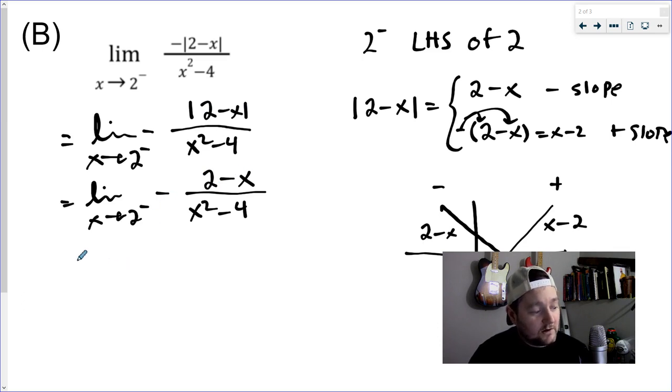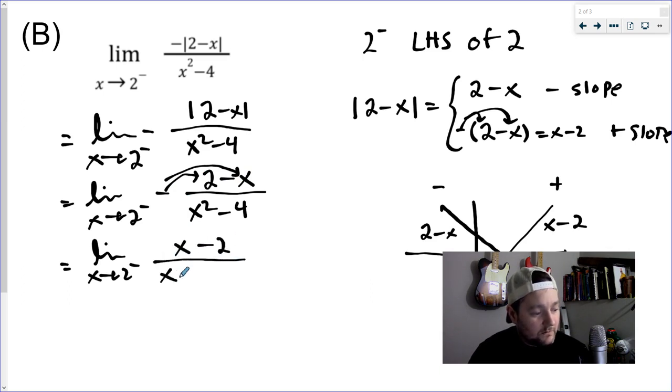So now I'm ready to go ahead and solve this. So I'll go limit as x approaches 2 minus. And now what I'm going to do is distribute through this negative. So that negative is going to go to that, but it's also going to go to this. So it becomes x minus 2. Then we do x minus 2 on the bottom, x plus 2, and then these end up canceling.